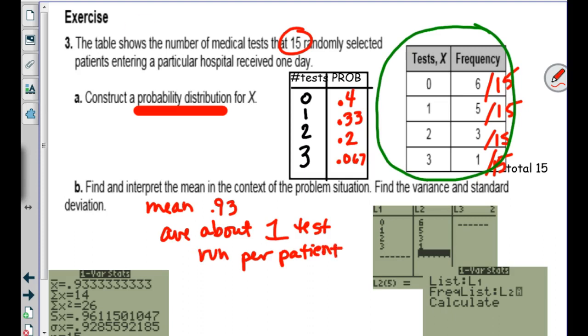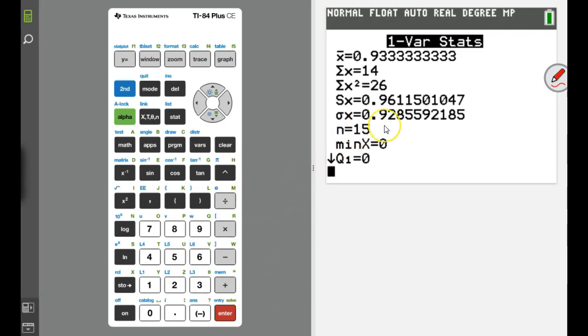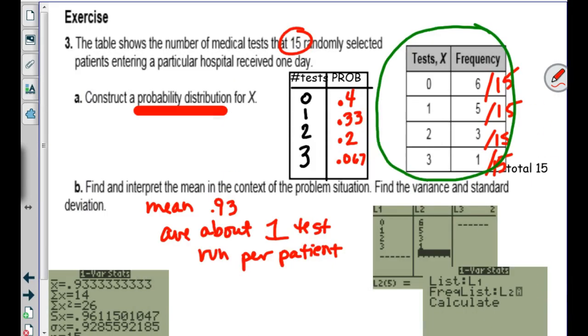Okay, what was the variance or the standard deviation? I really don't care about the variance, but what was the standard deviation? Do you remember what to look for? We have used population or sample. We're just going to stick with population for now, okay? 0.928. So the standard deviation is 0.928.